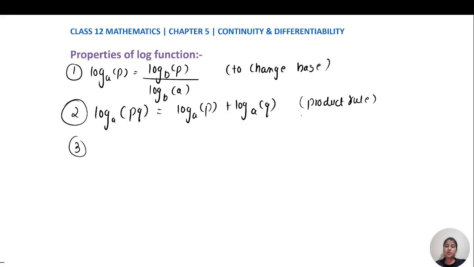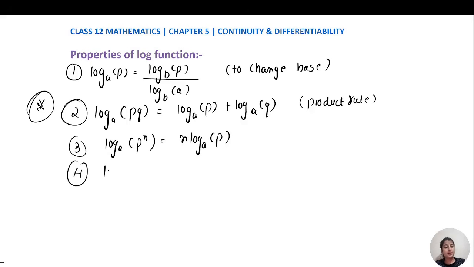You will come across this formula many times, so I will mark it as a star point. The next two come from this also. Log with base a of p raised to n, you can write p multiplied n times, so this can be written as n times log with base a of p.